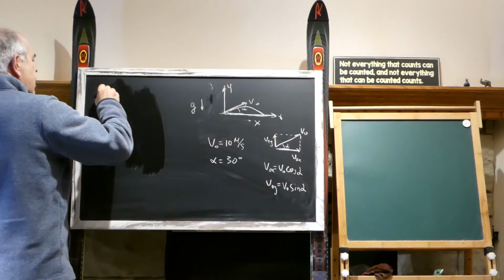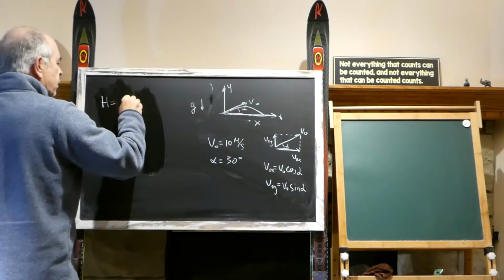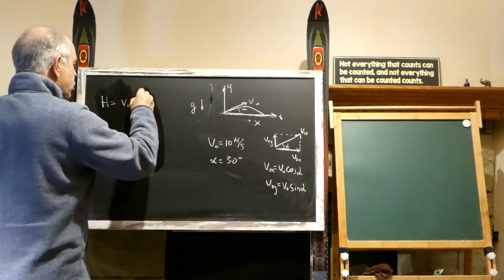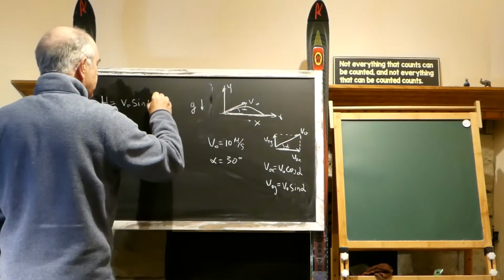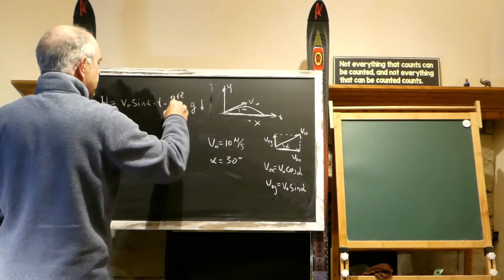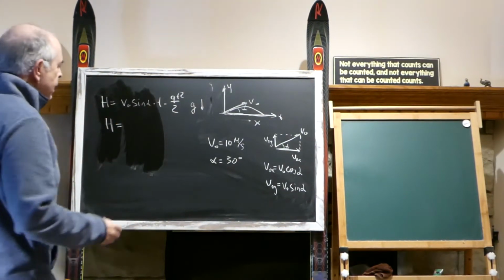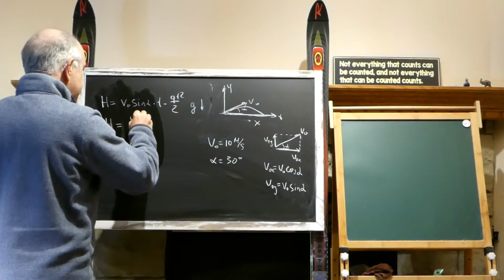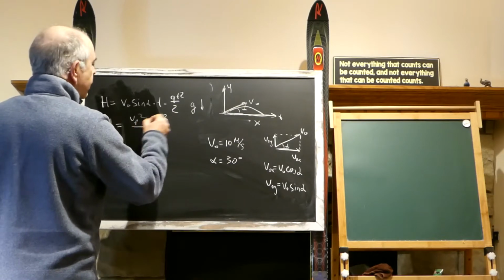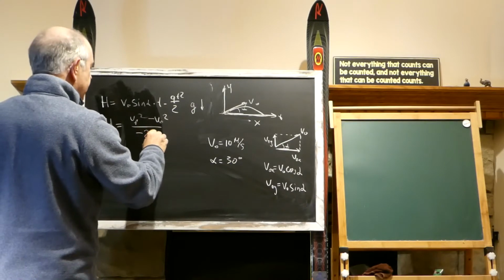So we can write h equals initial speed v0 sine alpha, this is the initial speed in this direction, multiplied by t minus gt squared over 2. This is the first formula that we can write. Another formula is h equals v final squared minus v initial squared, divided by, and acceleration is negative, so again I put minus here, 2g.